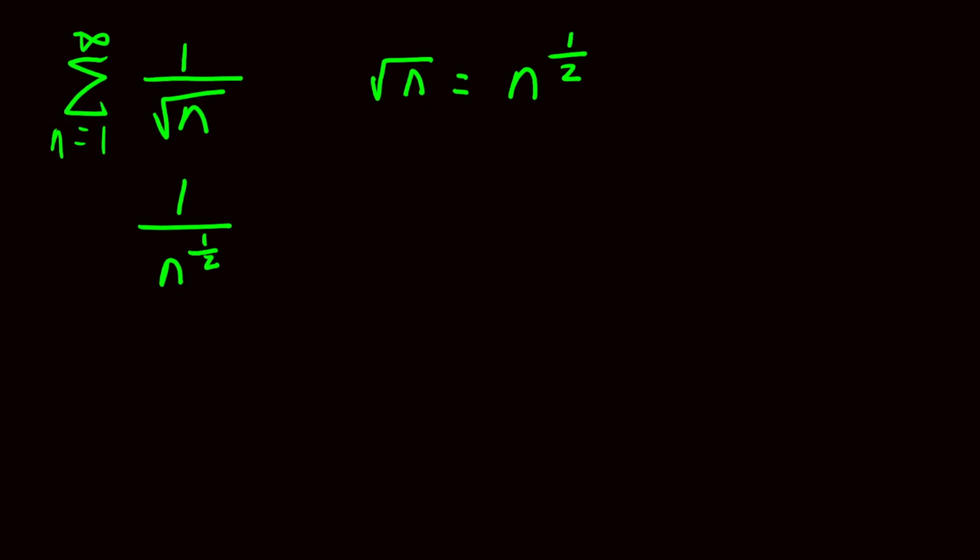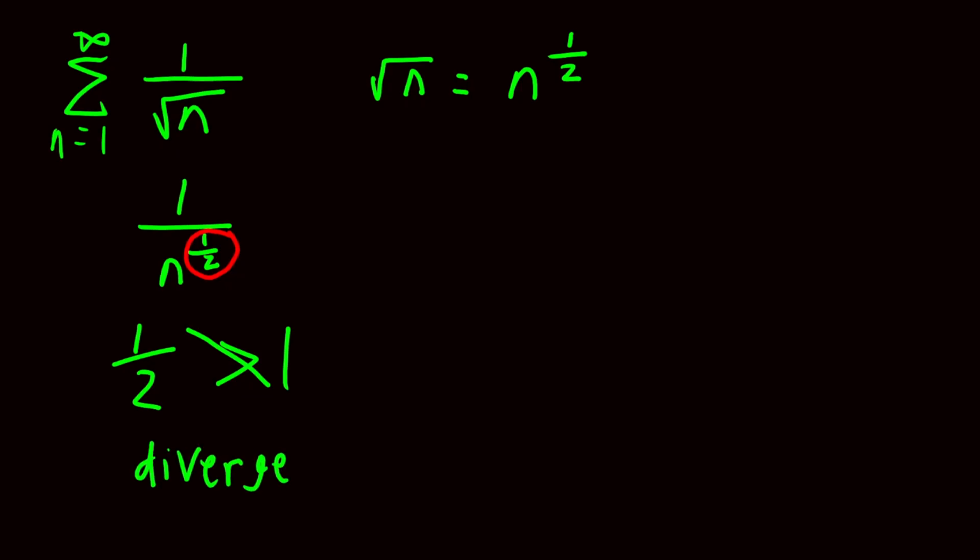And p is the exponent in the denominator, so p is 1 half. 1 half is not bigger than 1, so it diverges.